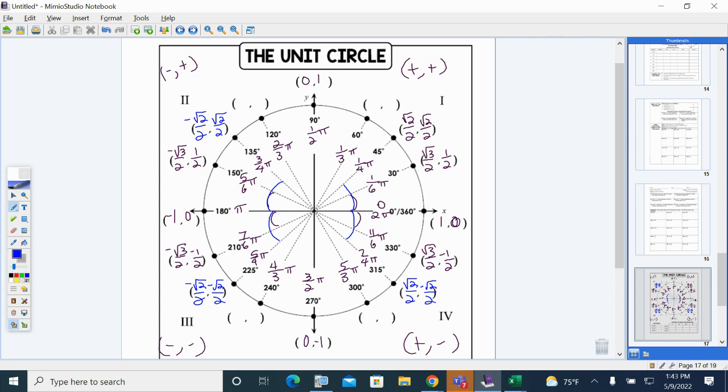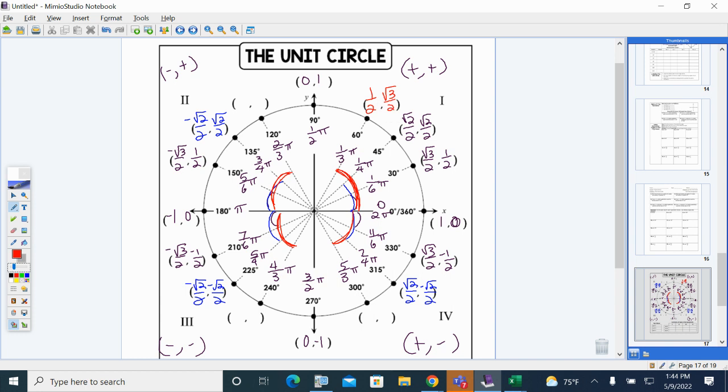And last but not least, put your index finger down, your pointer finger, for 60 degrees. Here's a 60-degree reference angle. That's going to include the 120, the 240, and the 300. So I have 1 finger on the left and 3 fingers on the right.